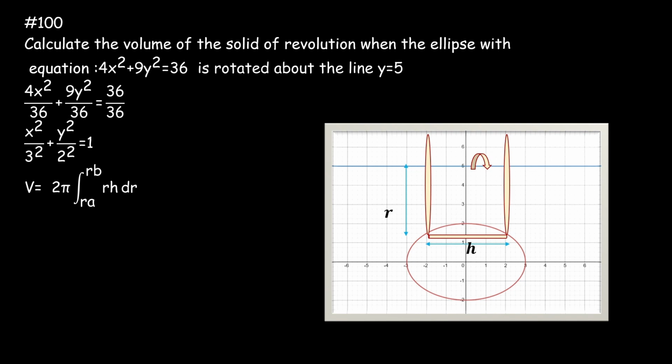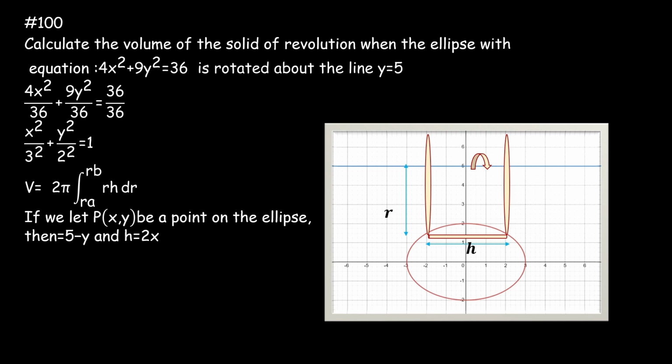Let's take x and y to be any point on the ellipse. Then 5 minus y gives us the r that we need, and the height would be twice x, because we consider the left and the right hand side.